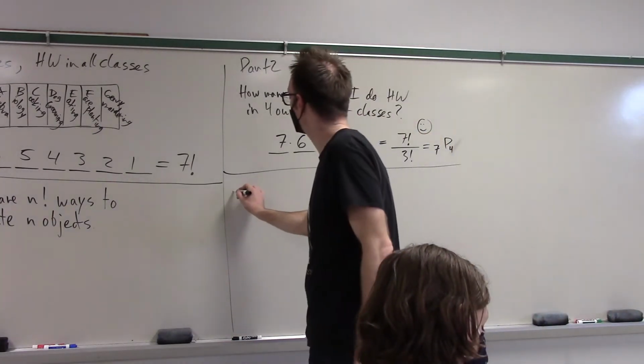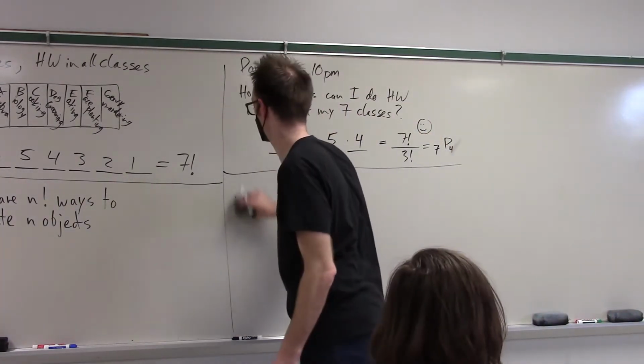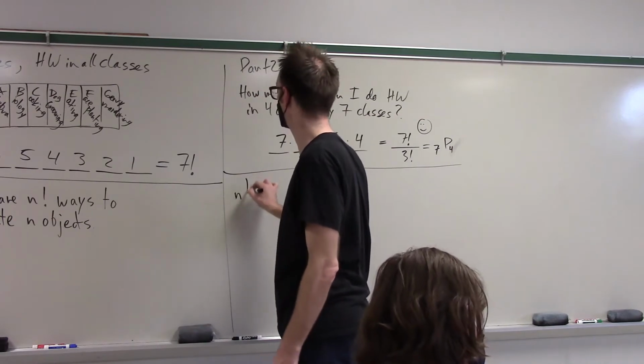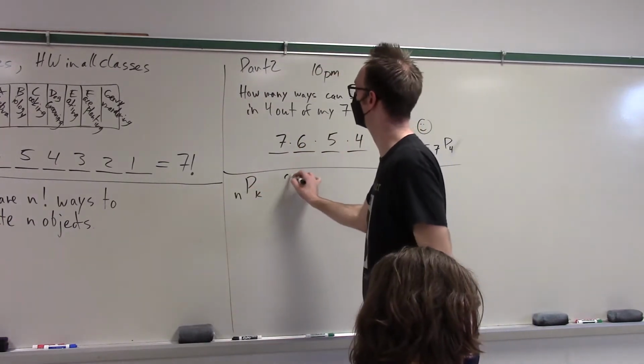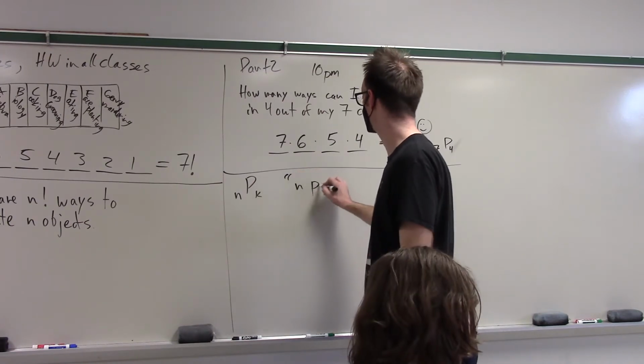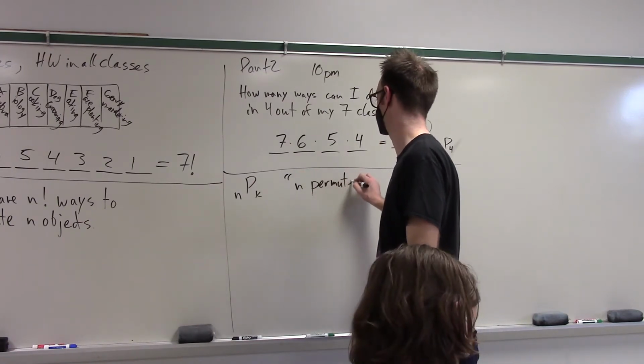Well, let's do it in general. nPk, you write it with these little subscripts, which we pronounce n permute k, but actually no one really does that, but you could.